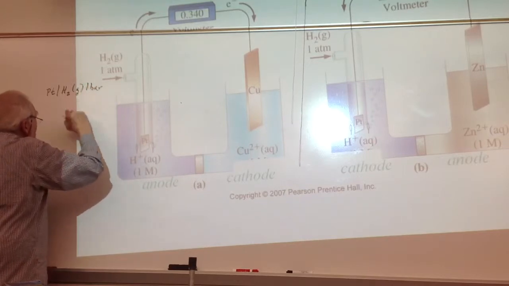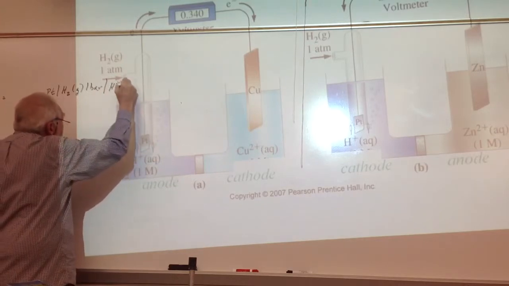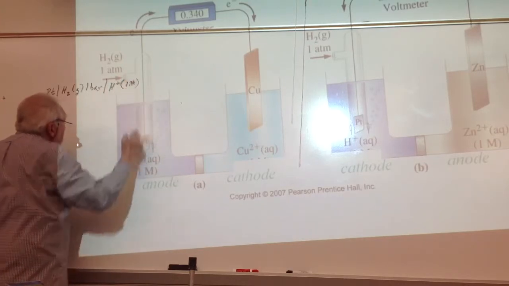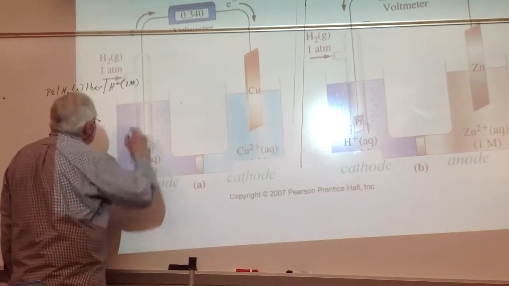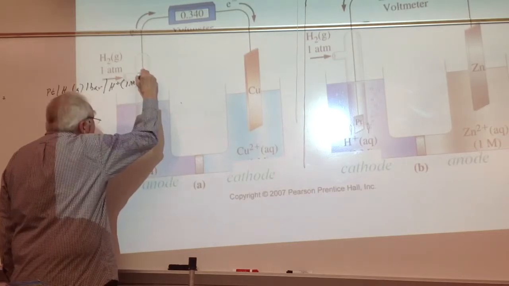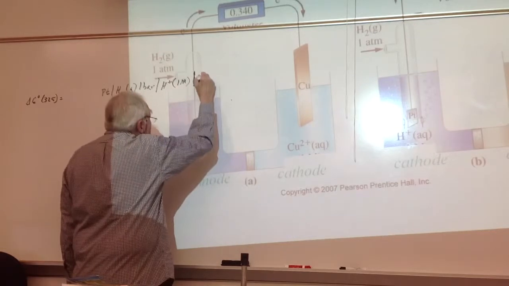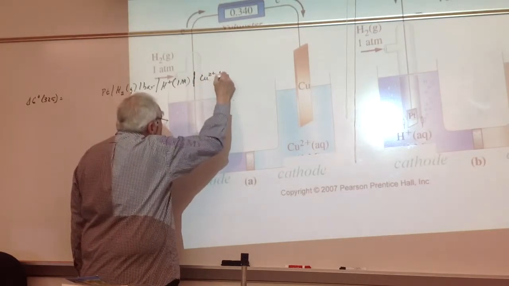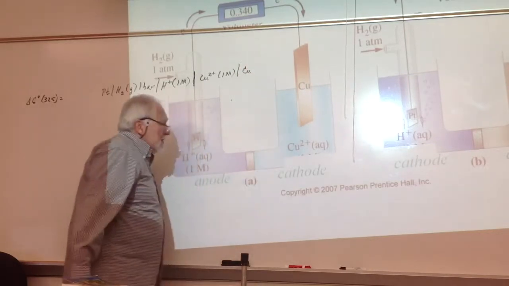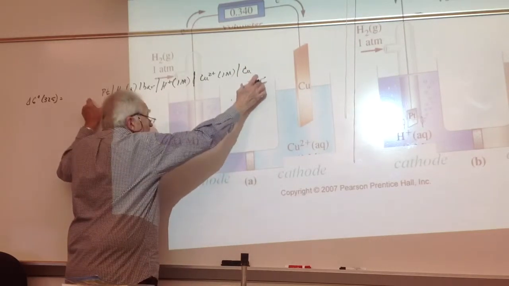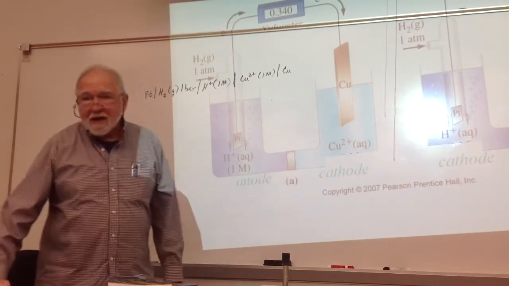There, 1 bar, dash, M, say activity 1. Another internal junction. So there's my cell. The metal electrodes are always at either end. That makes a whole cell. It's made up of 2 half cells.